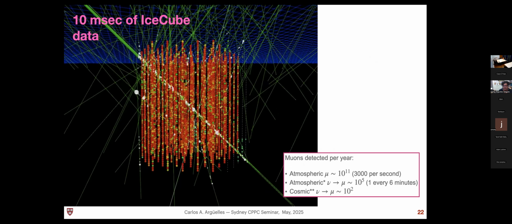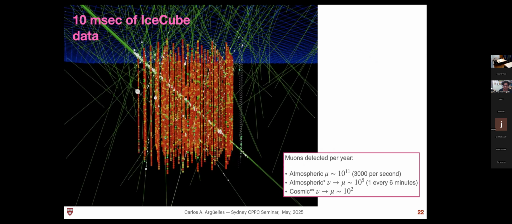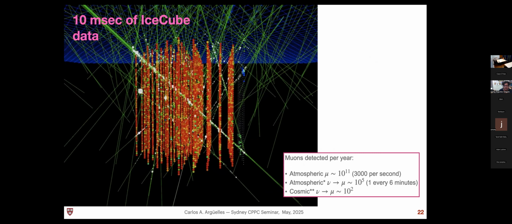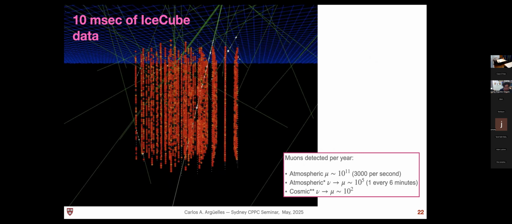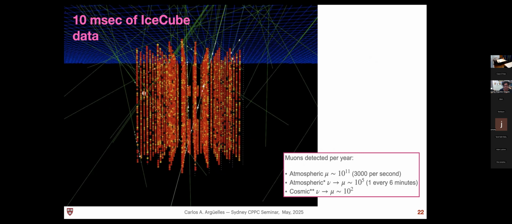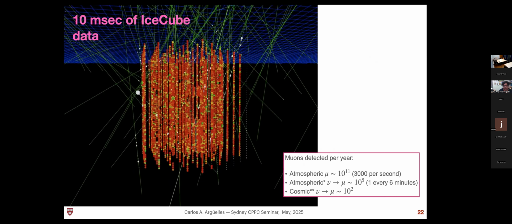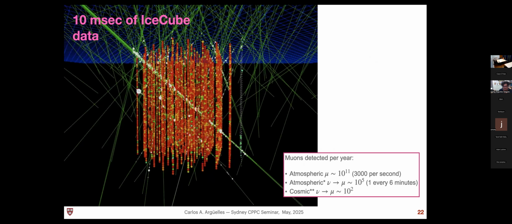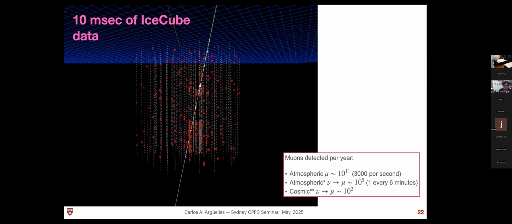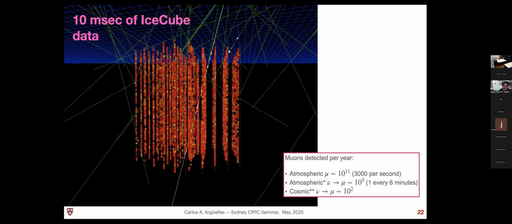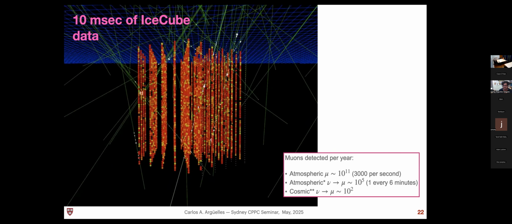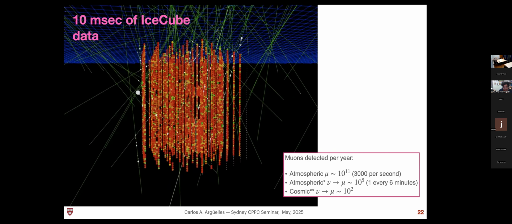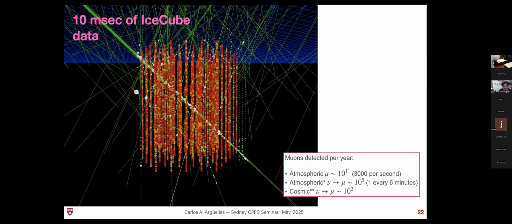Then we see an atmospheric neutrino about every 6 minutes, which gives us on the order of hundreds of thousands of atmospheric neutrinos per year. And then we see cosmic, so astrophysical, neutrinos on the order of hundreds per year. So the statistics that we're going to work with are going to be relatively small, and we have these very large backgrounds that we have to subtract.